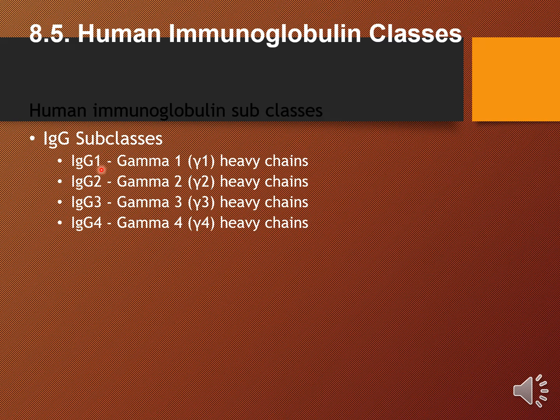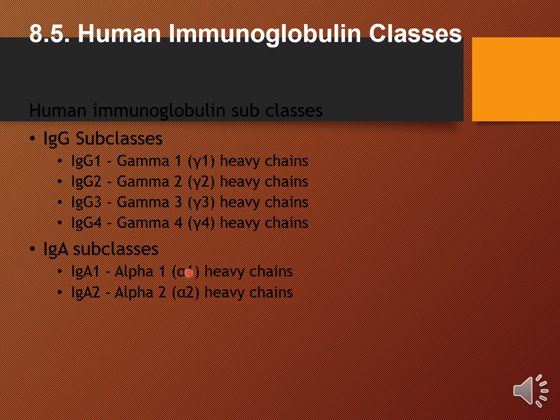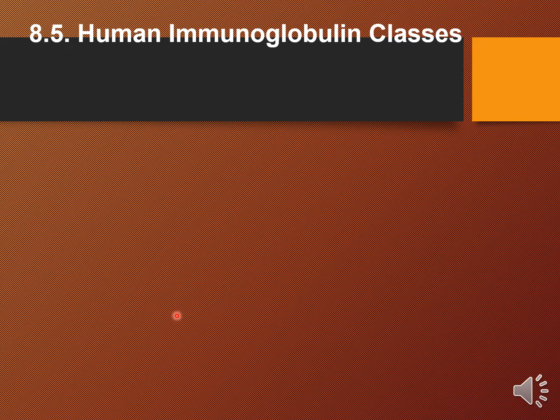Subclasses. Each of the immunoglobulins can have a subclass. For example, IgG may have about 4 subclasses designated by gamma 1, gamma 2, 3, and 4. So again, it still is about the heavy chains. What else? IgA can have 2 different subclasses, alpha 1 and alpha 2. Okay, what about the light chains?